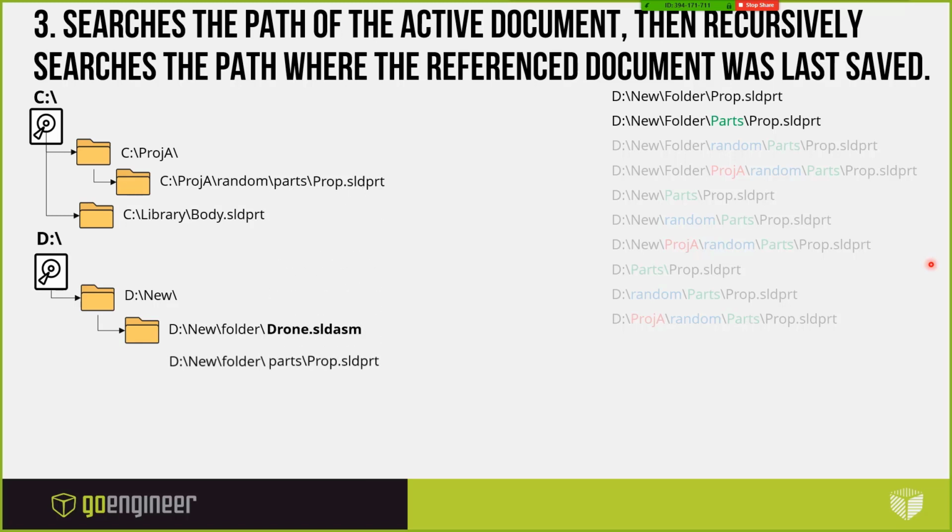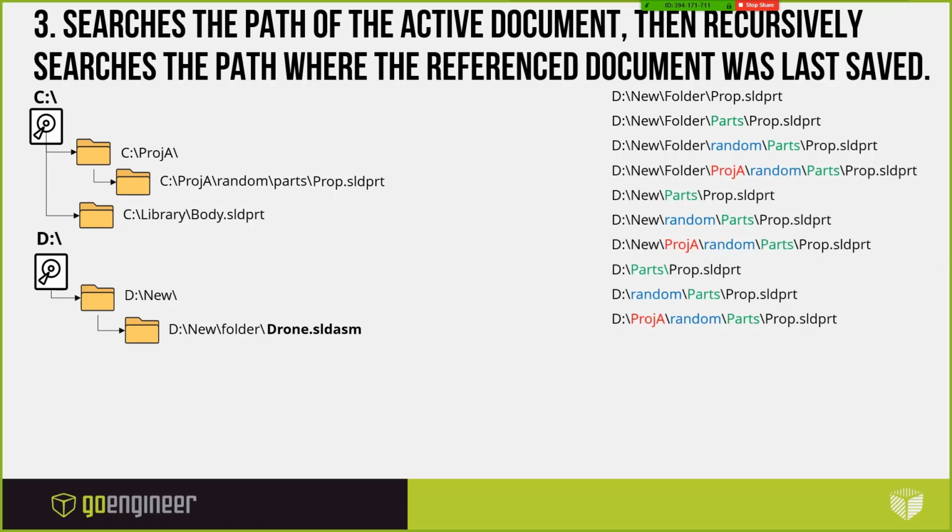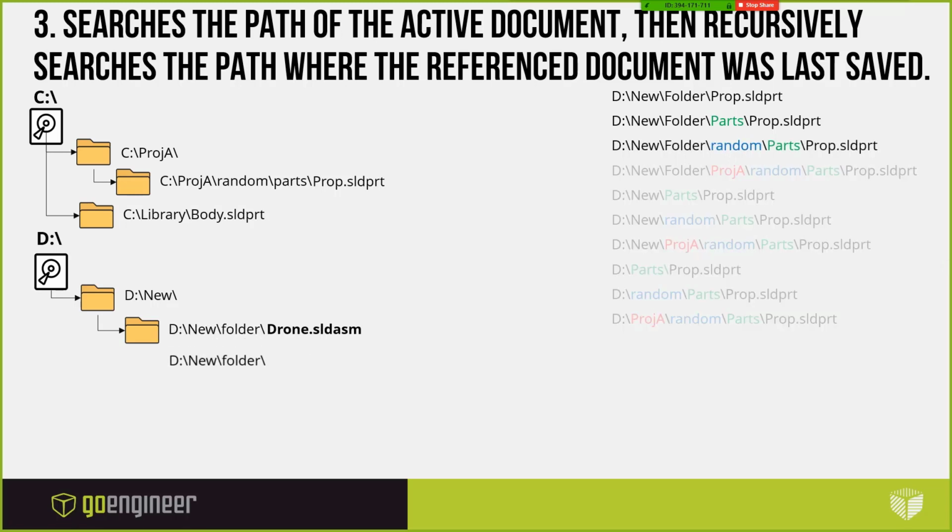The next location is going to be by adding the next folder here, random parts. Once it fails and doesn't find a file there, it's just going to do the same trick again, this time adding the next folder, project A, right there.